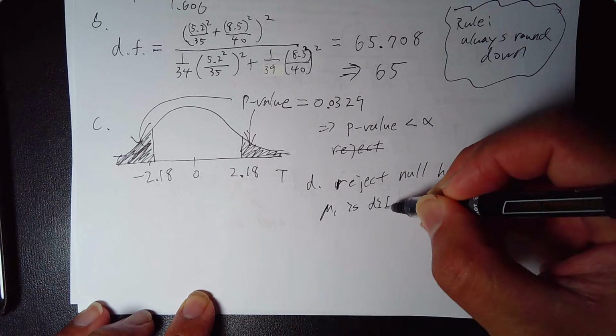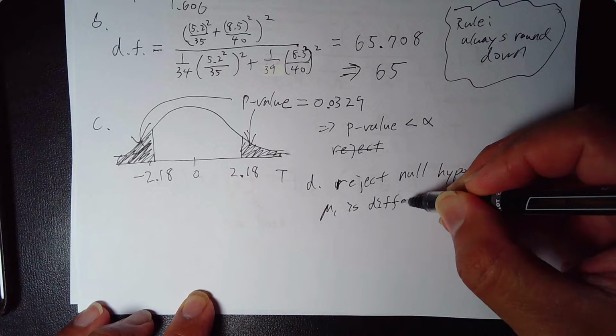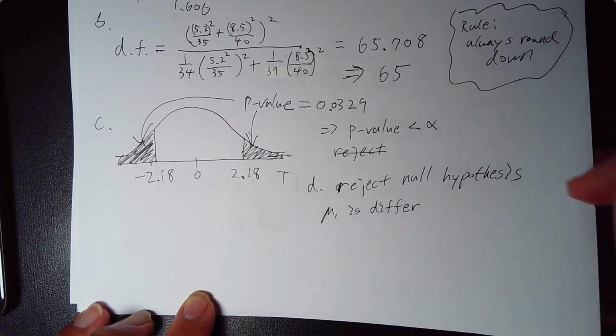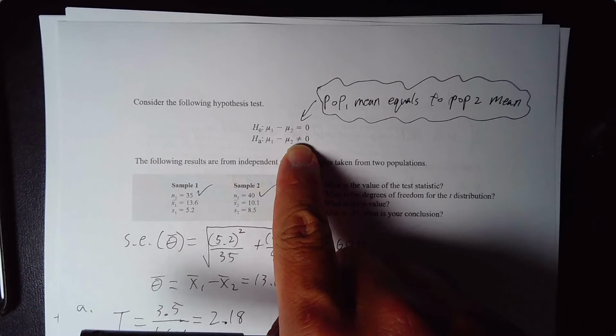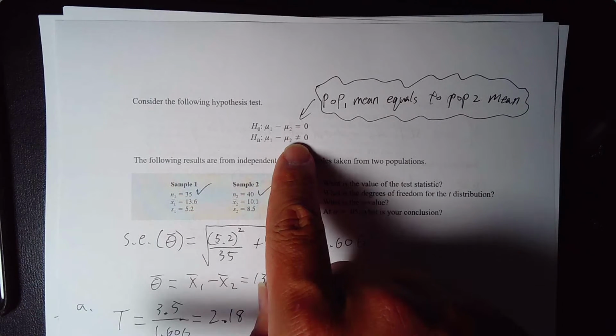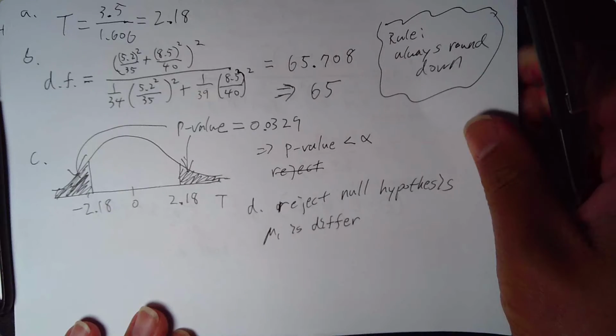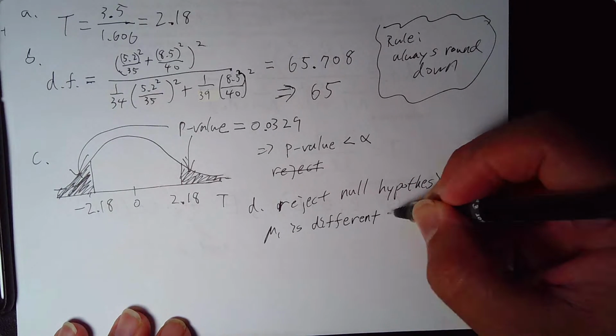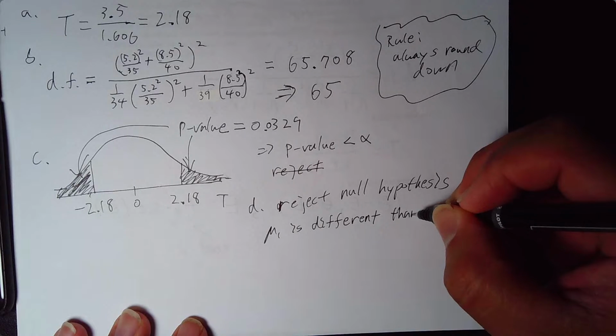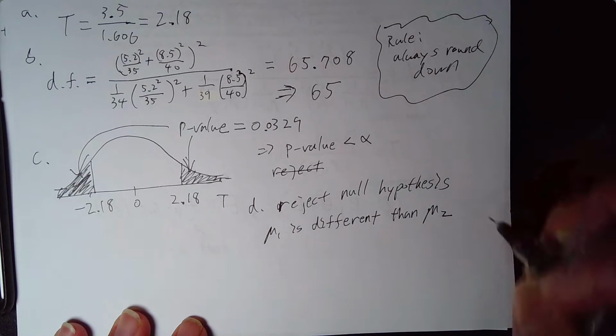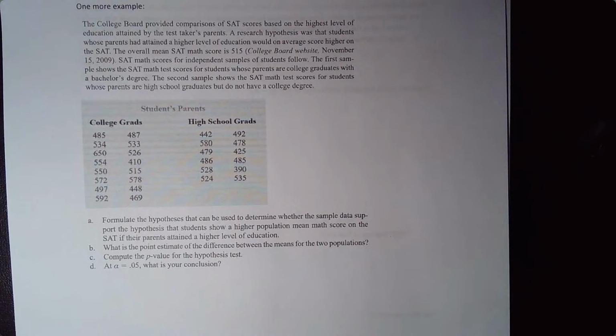We don't say greater than or less than, because our alternate hypothesis is only saying that it does not equal. So we don't get to say that it's greater than, we just say it's different than mu2.